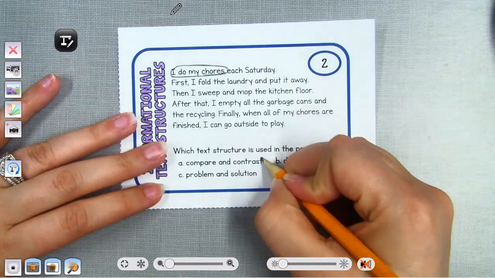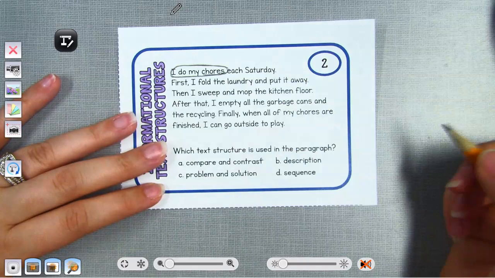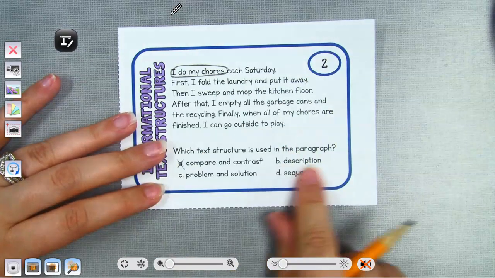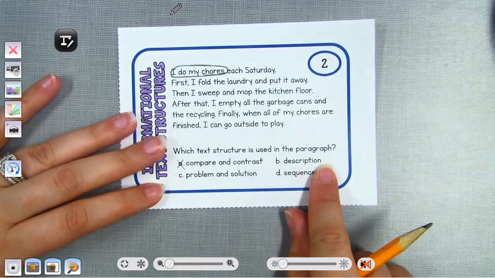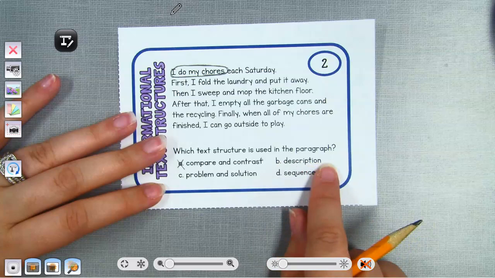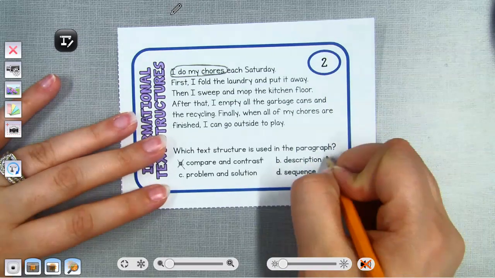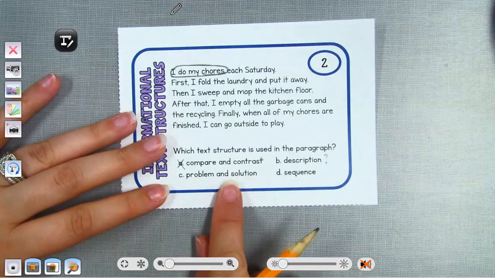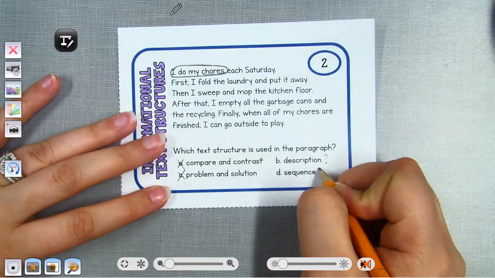A, compare and contrast. Are we comparing two things or more? No. B, description. Is it describing her doing her chores? Possibly. C, problem and solution. Is it giving me a problem and then solving it? No. And then D, sequence.